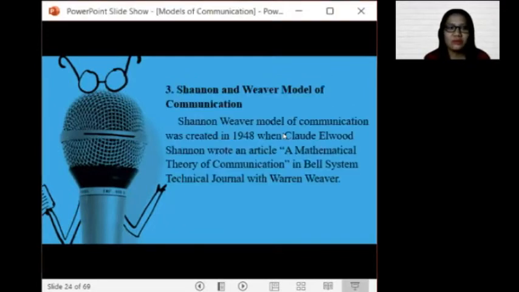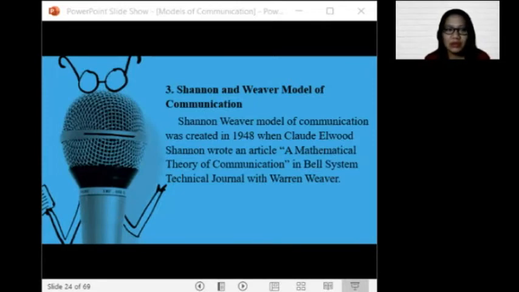So right now, we're going to talk about another linear model, which is the Shannon-Weaver model of communication. It was created by Claude Elwood Shannon and Warren Weaver. Claude Elwood Shannon was an American mathematician, whereas Warren Weaver was a scientist.